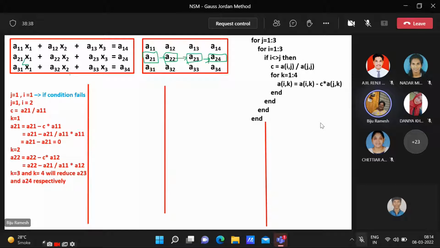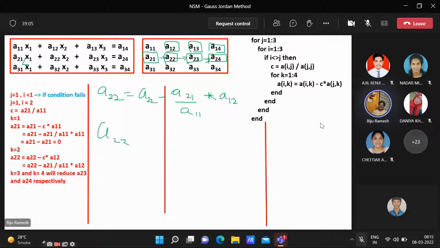So for example, A22 will be what? A22 minus A21, this is our constant, this is not going to change, into A12. In the first case, here it was A11, so it got cancelled and we got an A21 here. But in the second case, we have to use this. Third case, we'll use this. Fourth case, we'll use this.